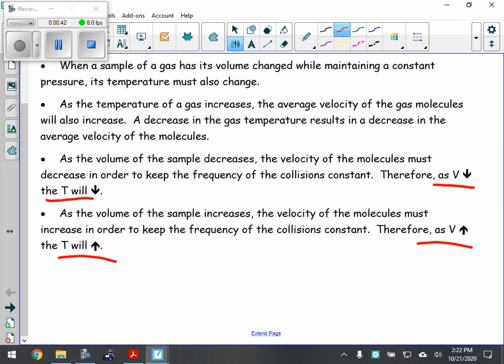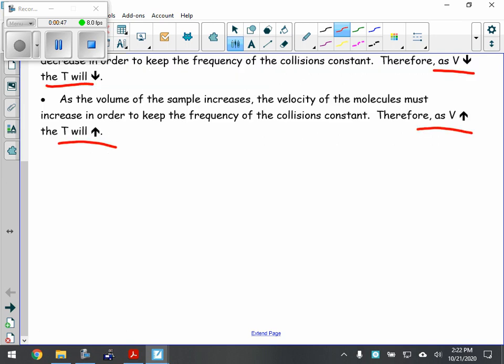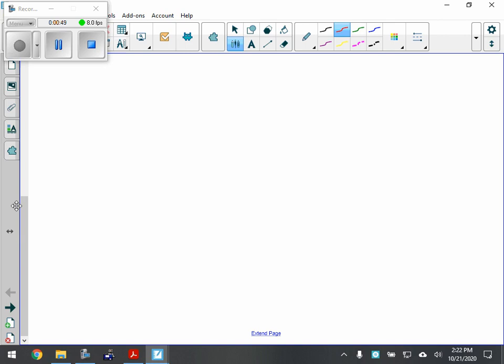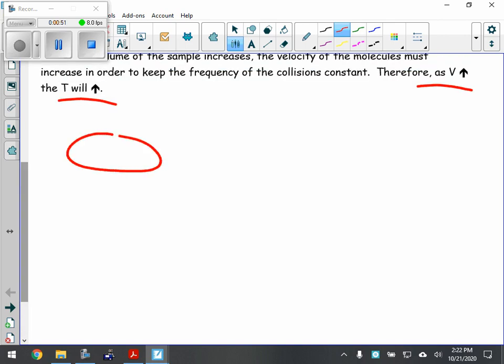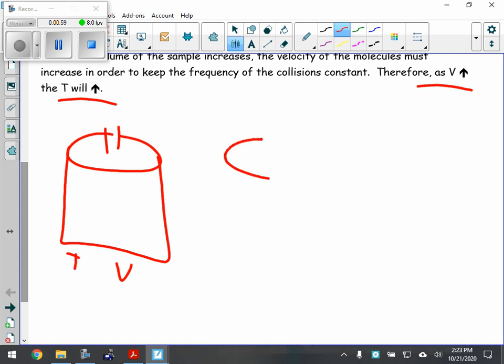And you can think about it in this way here. So that's the important part. If you had these two cylinders again, and we have this volume here, whatever that is, and we're going to talk about temperature as well.